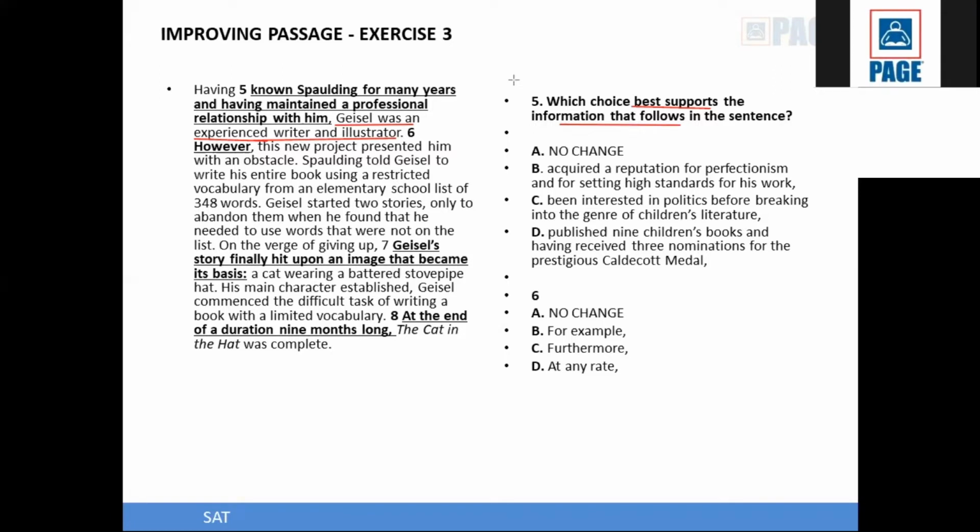A, B, D options. One thing, A cannot be the answer, because they asked you to find out which sentence can give more information. They did not ask you to change the sentence, to find out can you improve it, which can give us more information. So it cannot be A.